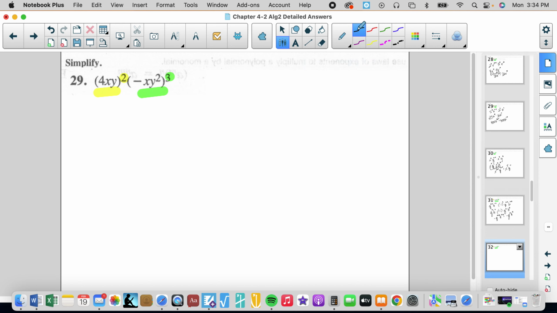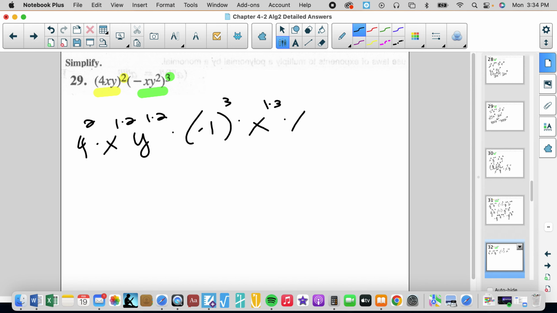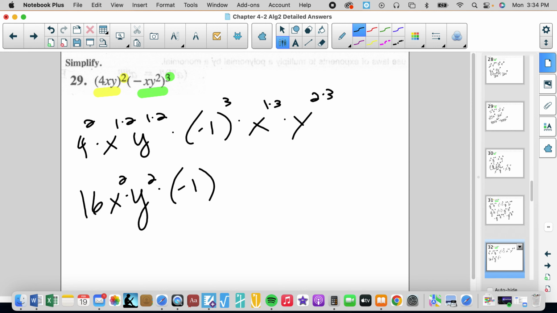4 squared times x to the 1 times 2, y to the 1 times 2, negative 1 to the 3rd times x to the 1 times 3, y to the 2 times 3. 16 x to the 2nd, y to the 2nd, times negative 1 times x to the 3rd, y to the 6th. 16 times negative 1 is negative 16.